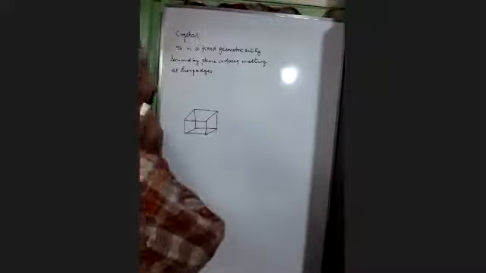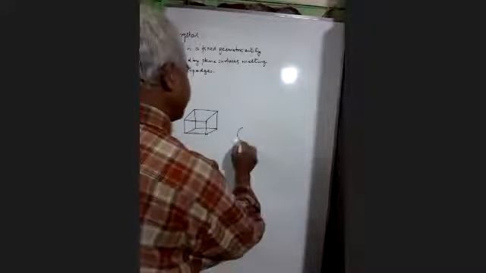See here. If it is spherical, this is also a geometric entity, but you will never get a crystal of this type. There are some substances which look like this, but we will not call them crystals. Why?